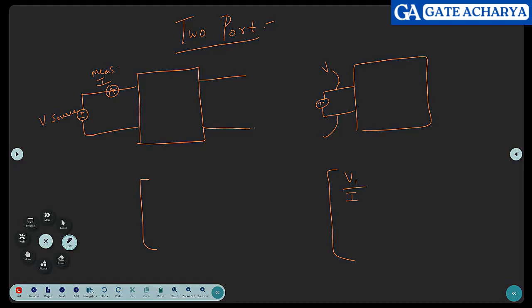That is the customary measurement, output by input. V1 by I1, V1 by I2, V2 by I1, V2 by I2.